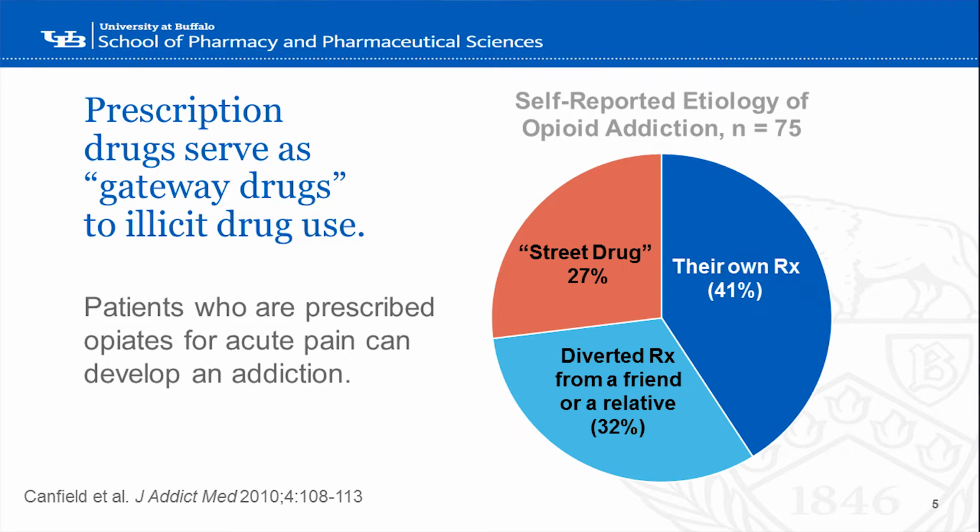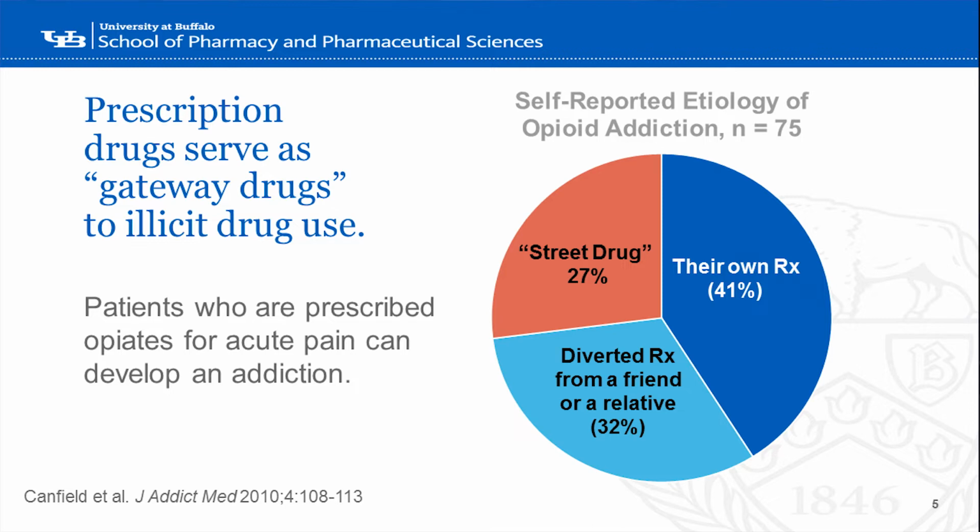Let's look at an example here of one study that was performed in a drug detoxification unit. And investigators conducted an interview with these individuals to ask them how their addiction began. And 41% stated that their addiction can be traced back to that first prescription that they received from a physician for a legitimate cause. And that's what sort of triggered their addiction and led to years of abuse.